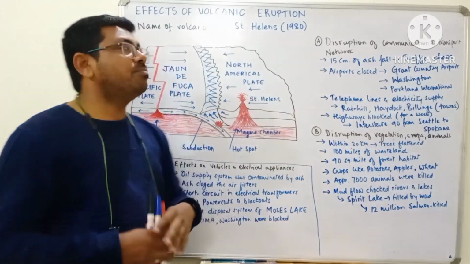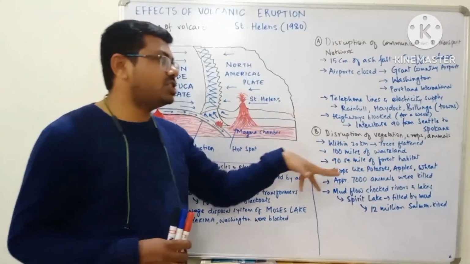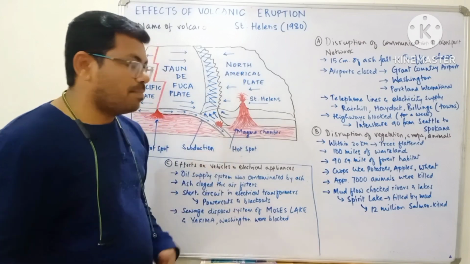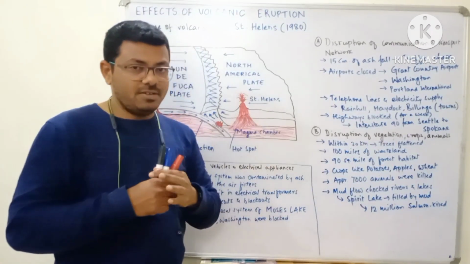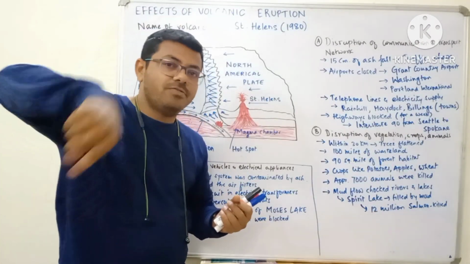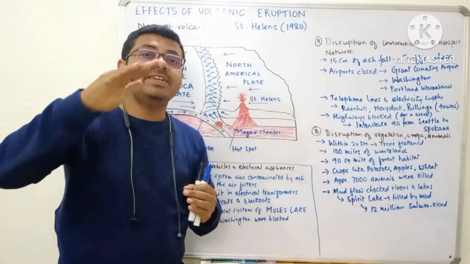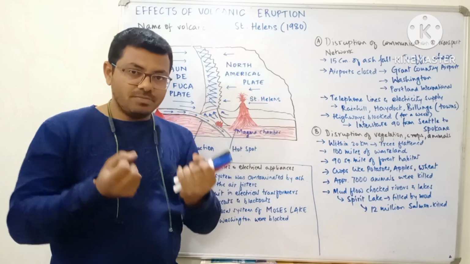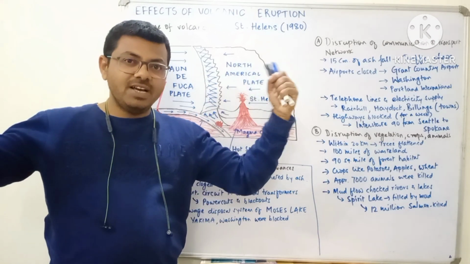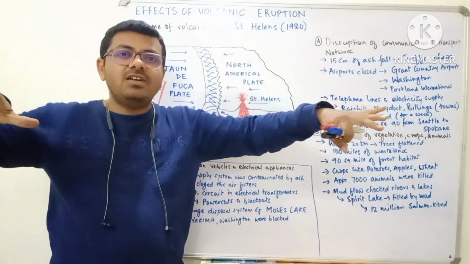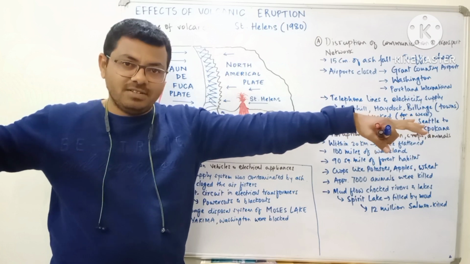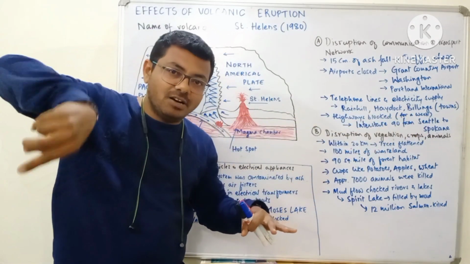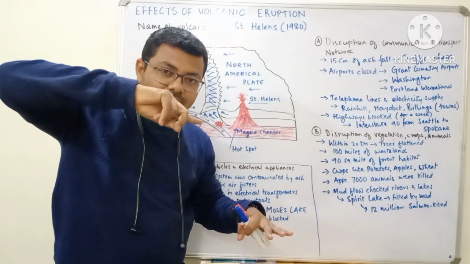The second effect of this volcanic eruption was on vegetation, crops and animals. Within 30 kilometers of Mount St. Helens, trees were flattened because it was blasted off. Because of the force it generated, the trees were flattened within a 30 kilometer radius.